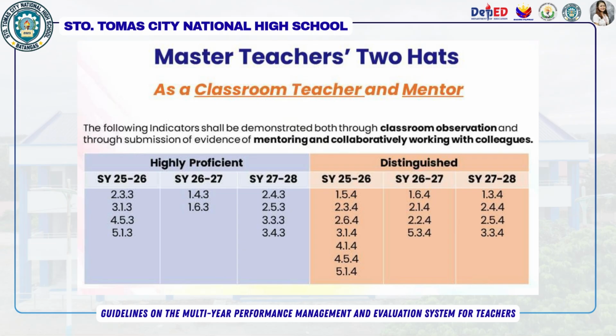A quick but important note for our master teachers, or highly proficient and distinguished. Your role, as indicated by the PPST, requires you to wear two hats, as a classroom teacher and as a mentor. Look at this table. These are the PPST indicators that you are expected to demonstrate both through classroom observation and through the submission of evidence of mentoring and collaboratively working with colleagues.